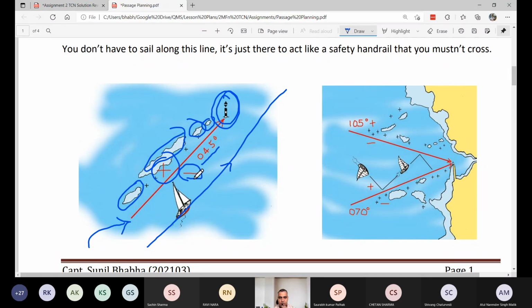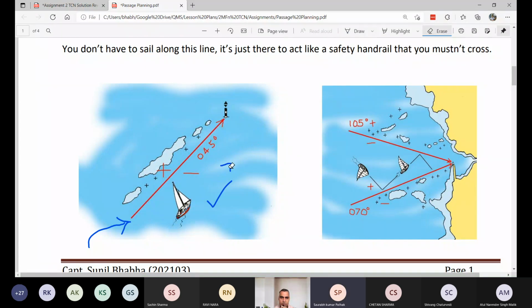It means that at any point of time when the bearing of this particular object is less than 045, minus means less than 045, you are in safe waters. And if at any point of time the bearing of this particular object is more than 045, plus means more than 045, that means the vessel is going to run into danger. This is the meaning of clearing bearing, beta.